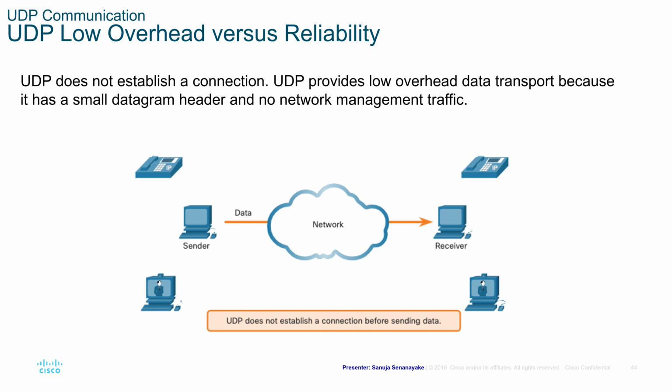So that is a key important concept. What makes UDP different from TCP is that UDP does not establish a connection, which I have mentioned on my previous slides, and UDP provides low overhead data transport because it has a small datagram header and no network management traffic.